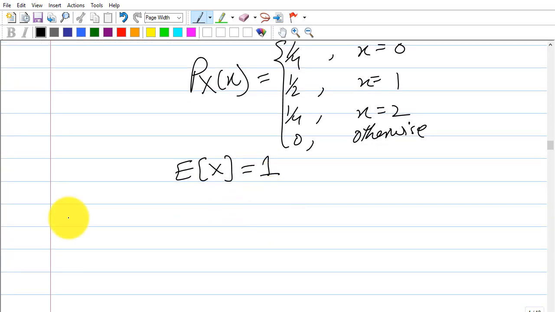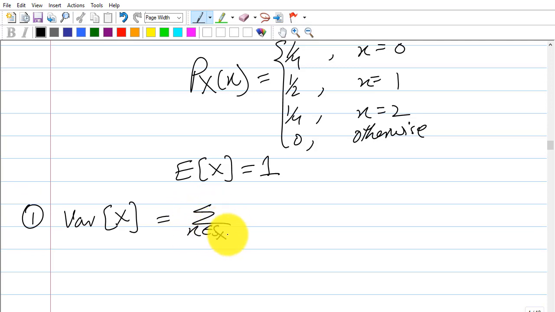For finding the variance of x, we can use both relations. With the first method, it is the summation over x belonging to S of x, of (x minus mu x) whole square into p x of x. This is how we are going to find the variance by method 1.